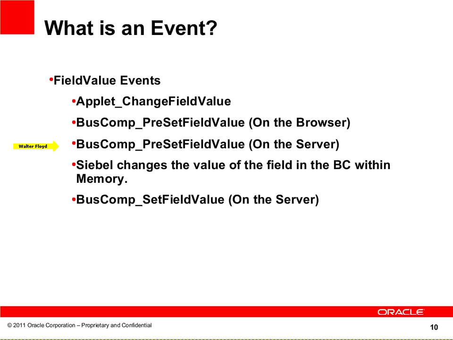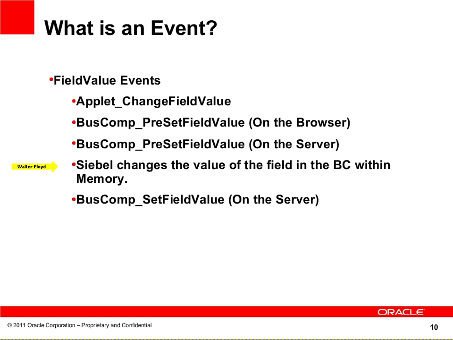So after the preset field value on the server fires, the value actually gets changed within the memory for the BC. Now this is a set field value. This is not writing a record. So when Siebel gets this, when it bubbles up to the business component and there's been no cancel operation done, Siebel will modify the memory of that business component on the server and save that value into the memory, but it does not write it to the database yet.